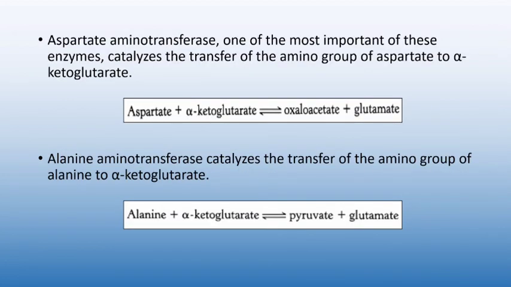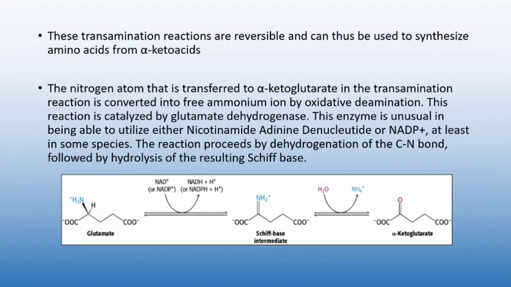Aspartate aminotransferase is one of the most important of these enzymes. It catalyzes the transfer of the amino group of aspartate to alpha ketoglutarate. Alanine aminotransferase catalyzes the transfer of the amino group of alanine to alpha ketoglutarate. These transamination reactions are reversible and can thus be used to synthesize amino acids from alpha keto acids.